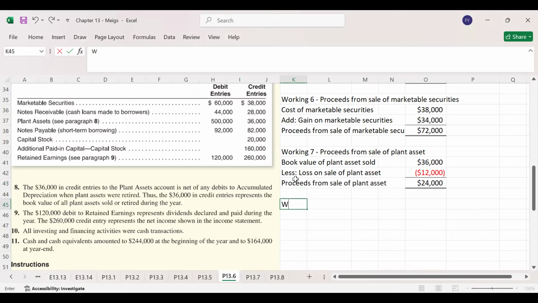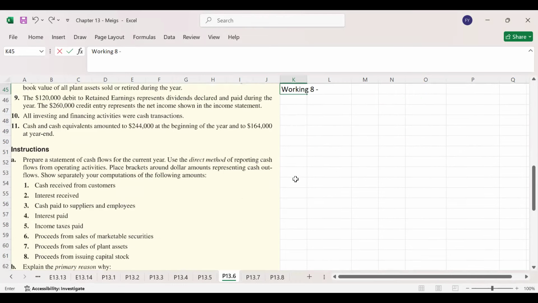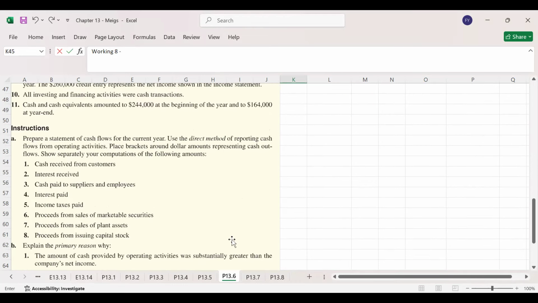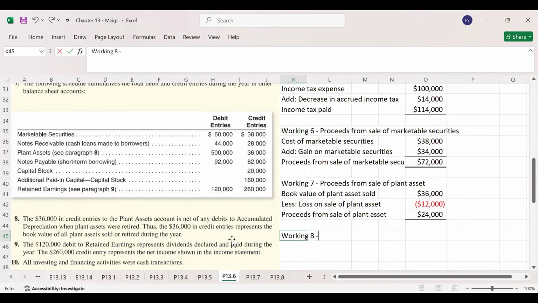The next requirement is working 8, which is related with the proceeds from issuing of capital stock. Here you can see that there is a credit entry. There are in fact two credit entries.